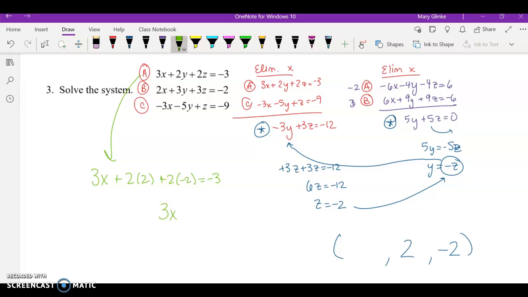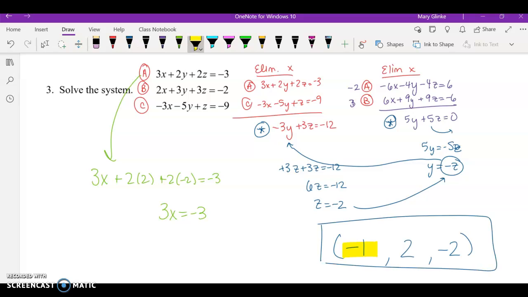So we end up getting 3x equals negative 3, and therefore x would have to be negative 1. Once you get your answer, you can always check it by plugging in negative 1 for x, 2 for y, and negative 2 for z in all of your equations to see if you end up getting 3 true statements.